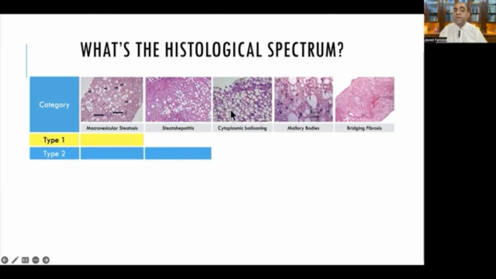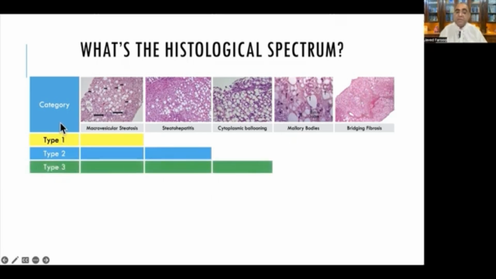We don't see cytoplasmic ballooning, we don't see Mallory bodies, and we don't see bridging fibrosis. In type 3 fatty liver disease, we see the macrovesicular steatosis, there is steatohepatitis, as well as cytoplasmic ballooning. So 3 features are added now.